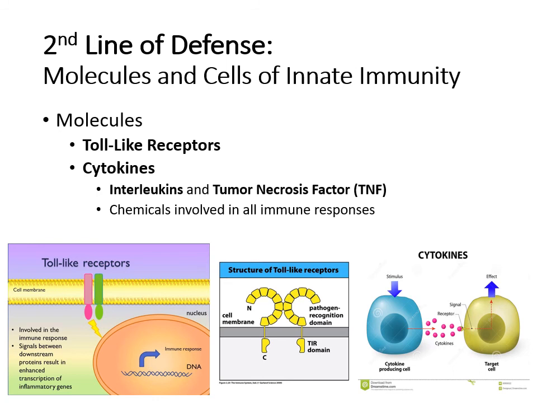Now, what toll-like receptors and cytokines do is both of these are proteins or chemicals involved in triggering your immune responses. They help attract your white blood cells and your immune cells to help fight the pathogen. The key here is they trigger immune responses to help get rid of the pathogen.